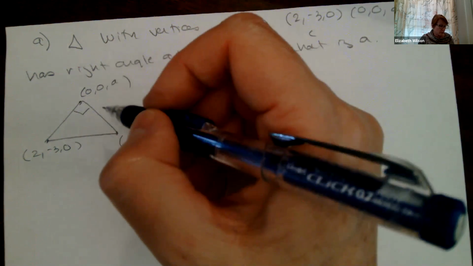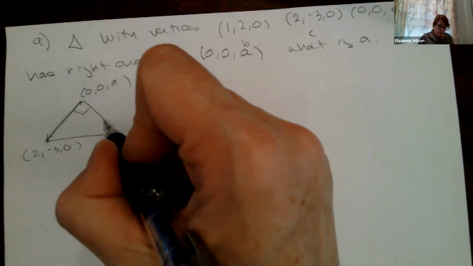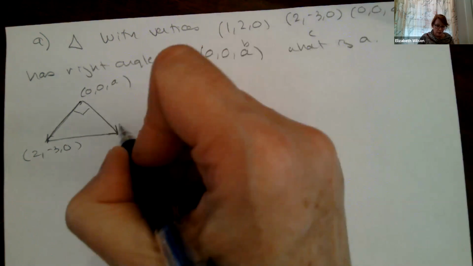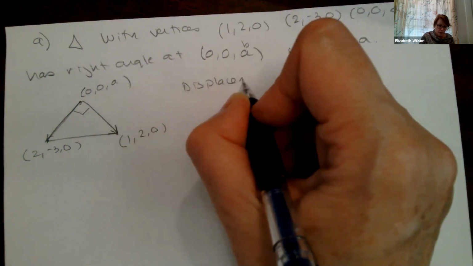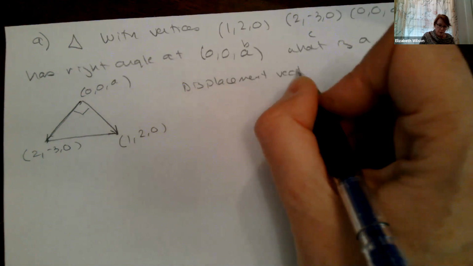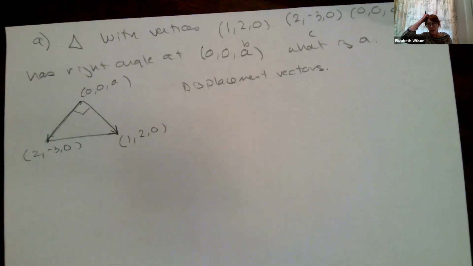So I'm going to come up with displacement vectors from here to here, and then here to here. The reason I want to do that is because if I take the dot product of displacement vectors and they're perpendicular to each other, then the dot product will be 0.